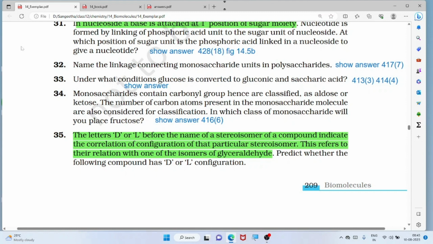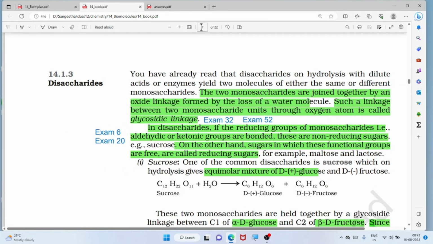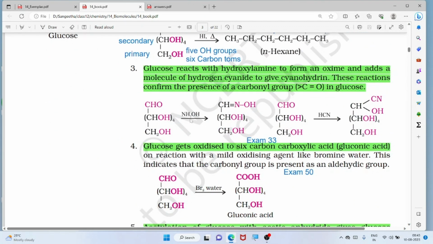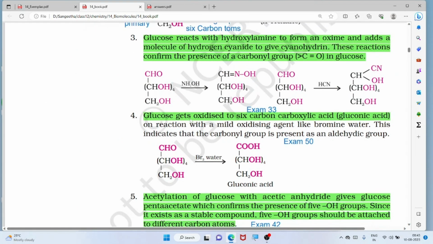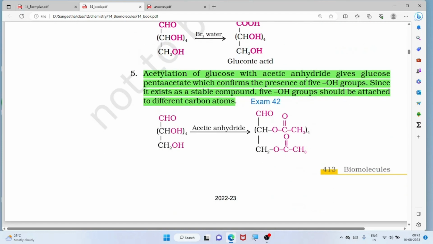Under what condition is glucose converted into gluconic and saccharic acid?